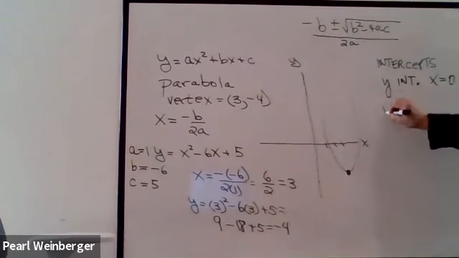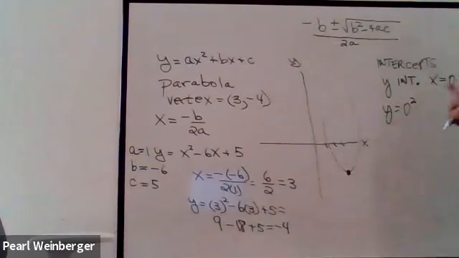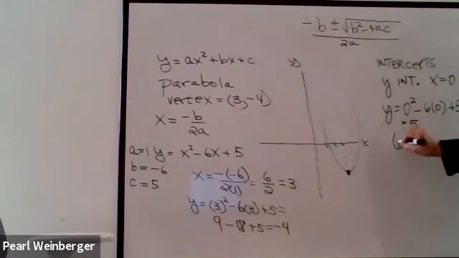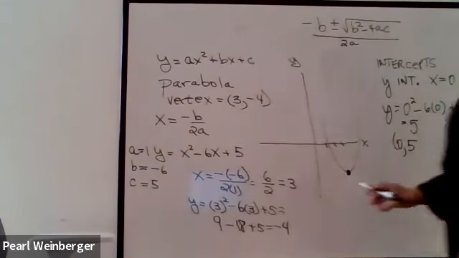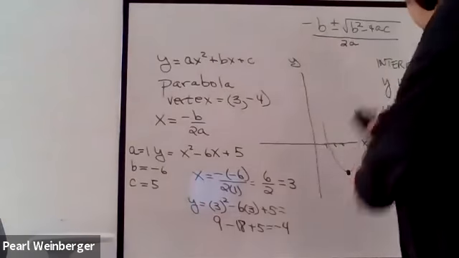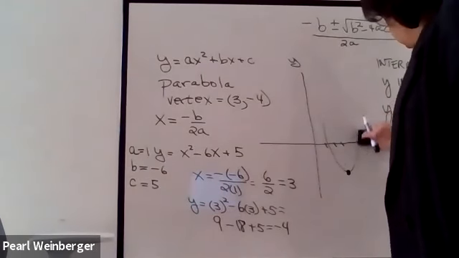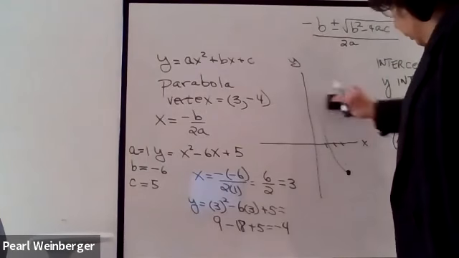So if I do that, I'll have y equals 0 squared minus 6 times 0 plus 5, which ends up being, well, this is 0 and this is 0, just 5. In other words, the y-intercept is 0, 5. I'm going to erase this over here, because now I'm going to be able to do better.